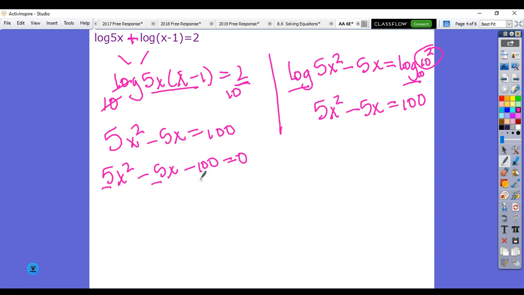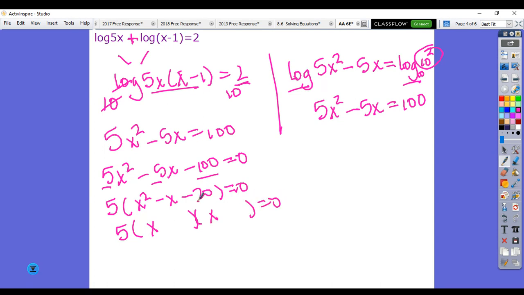But I also notice there's a GCF of 5. So I'm going to go ahead and factor out the 5. And then I can factor what's left. So I need factors of 20 that subtract to get 1. So I need minus 5 plus 4. So x equals 5, x equals negative 4 are my 2 answers to the quadratic.